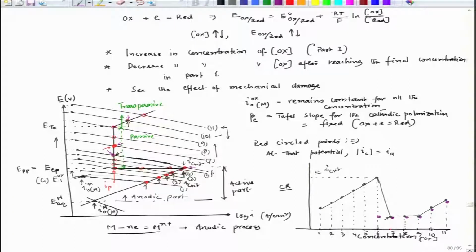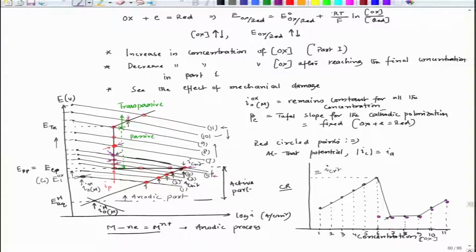Now, if I go to 5, I could see there are 3 points it is crossing at this particular concentration, but since we are not disturbing the passive layer, the current density will remain here at this location. Similarly, it will be so for 4.